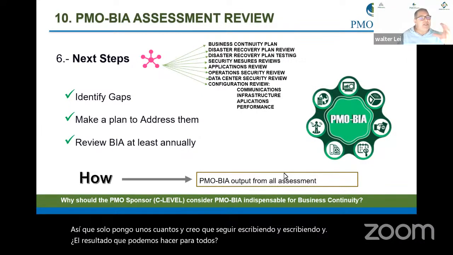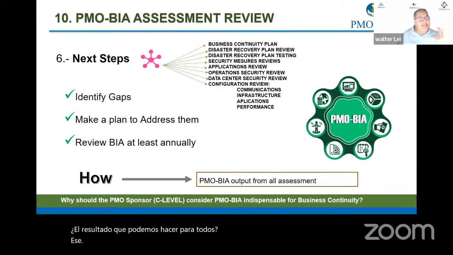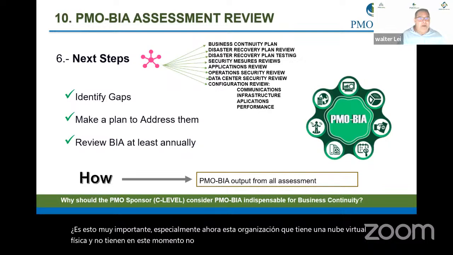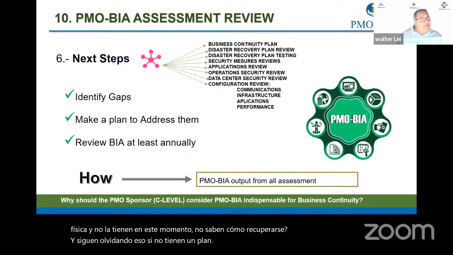But the organization needs to understand that this is very important, especially now, with big organizations that have physical, virtual, and cloud environments, and they don't have a way to recover, because everything is on the cloud. They keep forgetting that if they don't have a plan, they don't really have a BIA.